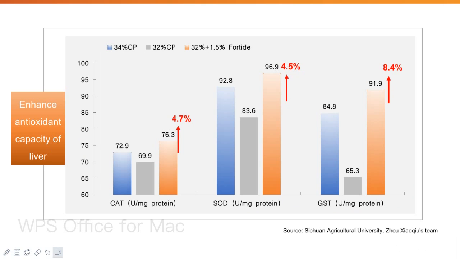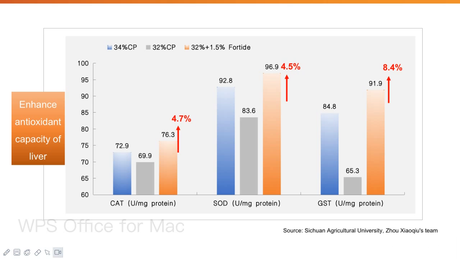First, Fortide can significantly enhance the antioxidant capacity of the liver. The research was done on carp with Sichuan Agricultural University. The test selected carp with an initial weight of about 12 grams as the test object. The protein level was reduced by 2% on the basis of the original diet.